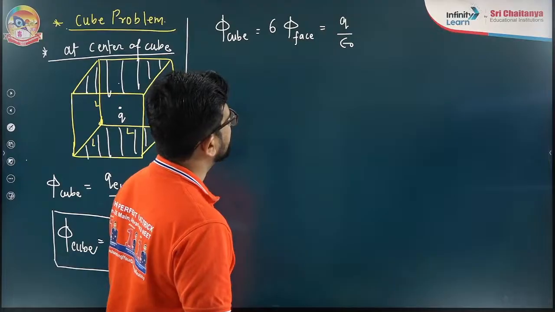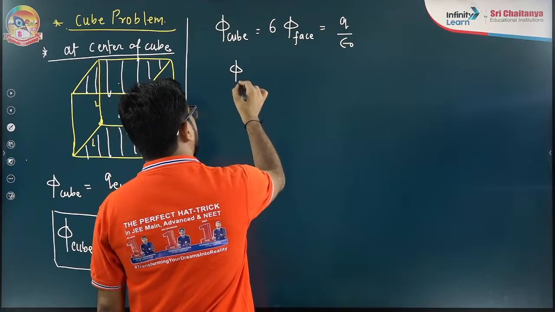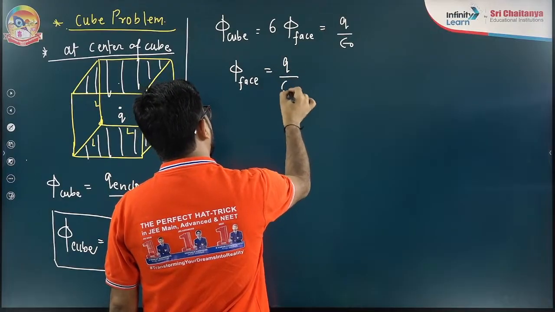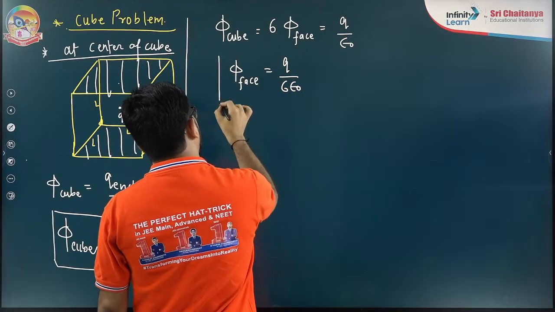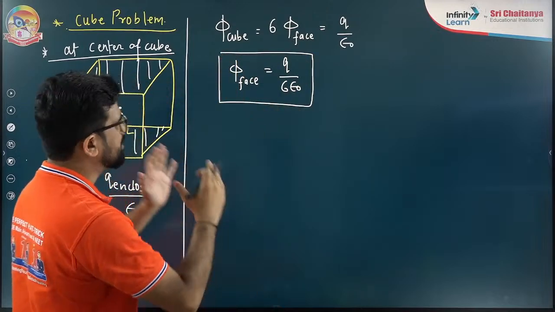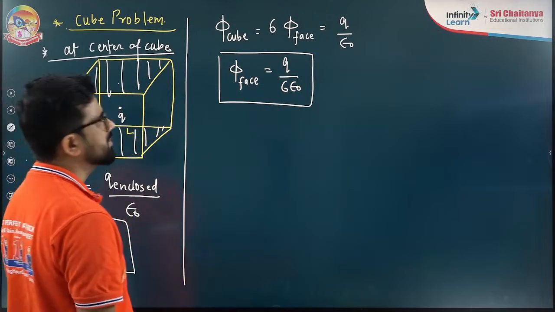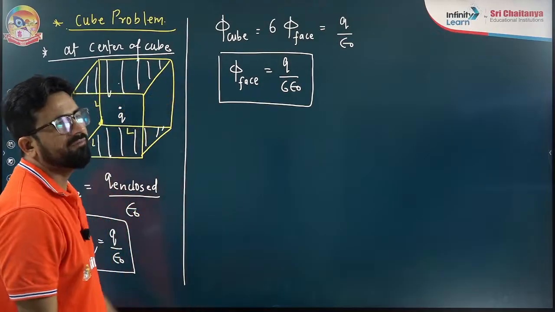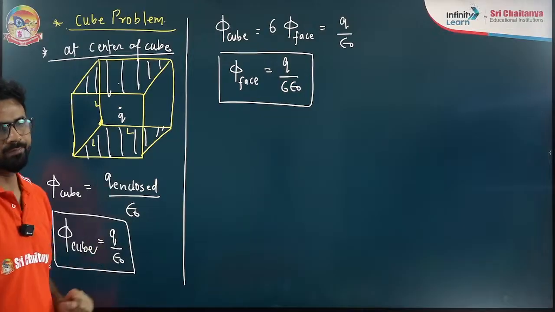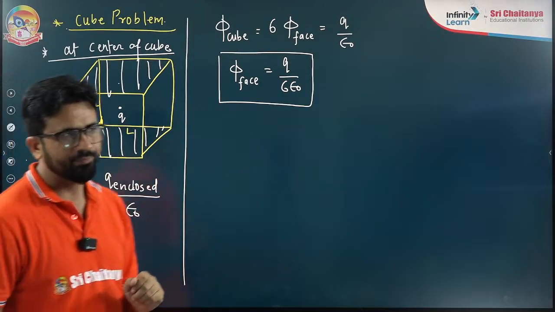So using this, we can say directly that phi due to one face is equal to q by 6 epsilon naught. This is the flux associated with one face, while the flux associated with the total q is q by epsilon naught. Is it clear to you?